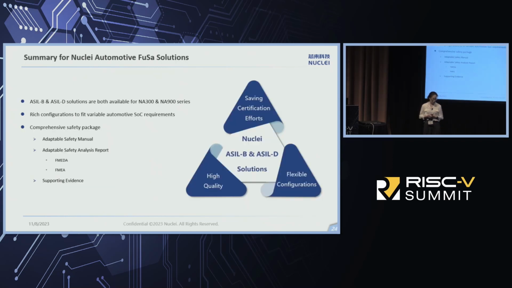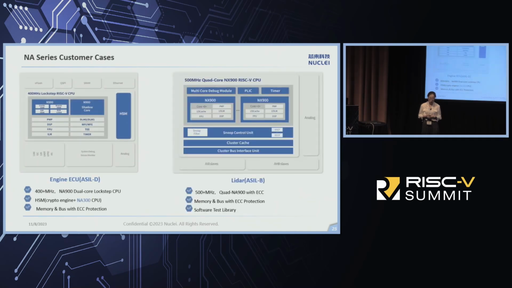A quick summary: ASIL-B and ASIL-D solutions are both supported across the configurations of our IPs, and we also provide the whole functional safety package. Here are our two typical customer cases. One is an ASIL-D required engine ECU. The other is an ASIL-B required LiDAR application.